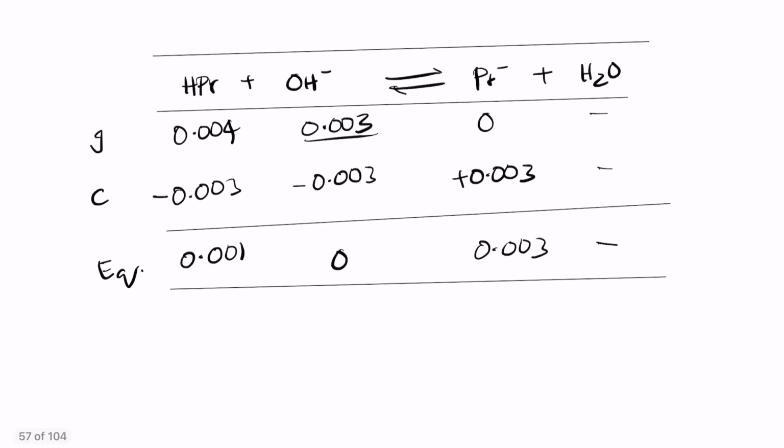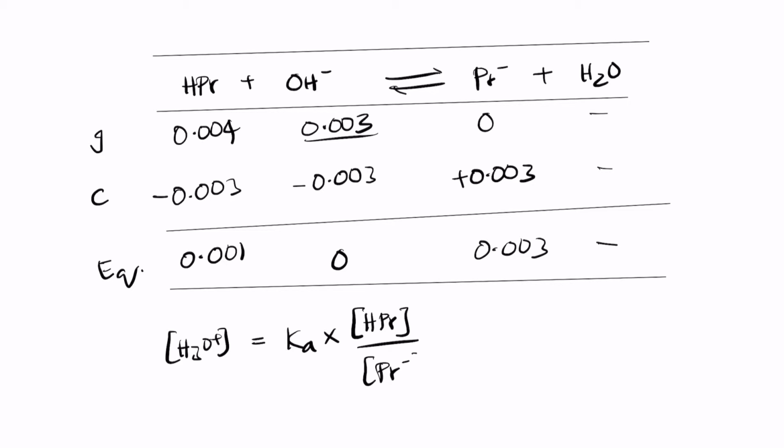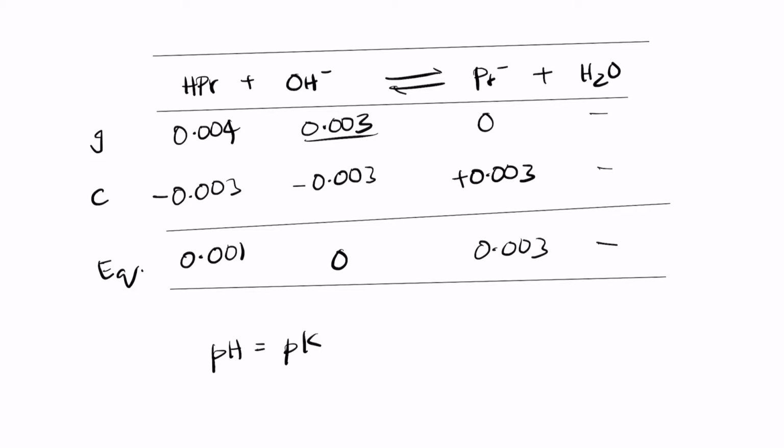Now we have to calculate the amount of H3O plus that is present here. That value becomes Ka times HPr over Pr minus, or we can directly use the formula for pH, which is pKa plus log of the base concentration over the acid concentration. The base concentration is Pr minus over the acid concentration, which is HPr.